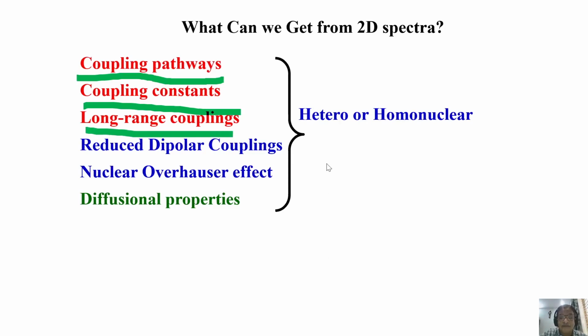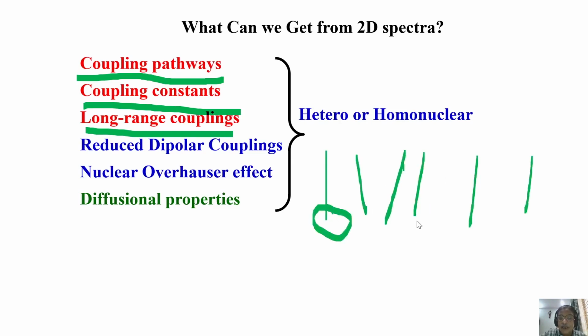That is very interesting. Let us say I have 1, 2, 3, 4, 5 or 6 protons that are coupled. This proton has a long range coupling to this one, which is 3 bonds away. This is 1 bond, this is 2 bonds, this is separated by 3 bonds. It doesn't matter whether homo or heteronuclear, but I'm looking at the heteronuclear case, since long range homonuclear couplings are very, very small.